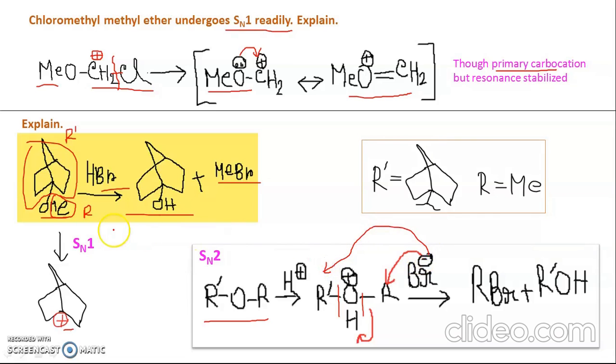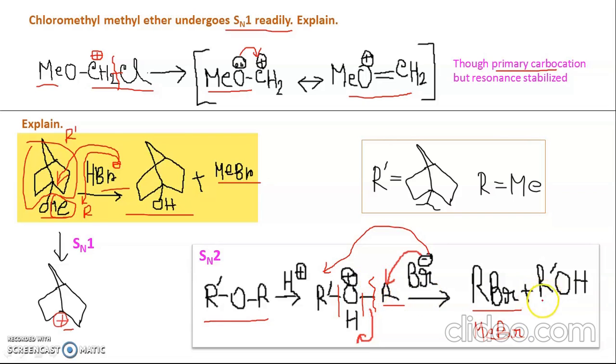Attack of the Br minus is easier on the methyl carbon rather than on this carbon because of steric reasons. So that is why Br minus will attack at this carbon, and you will get RBr, which is nothing but MeBr. And this bond will be broken.